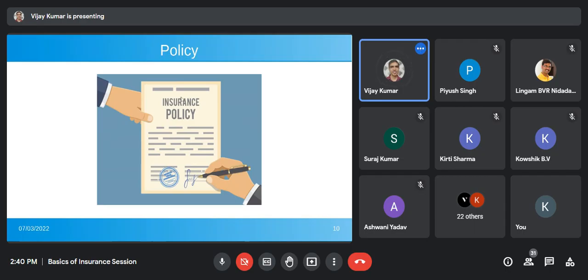Okay. And in an insurance policy, one more thing I wanted to highlight is that both the parties are signing here, right? From the customer side, the customer who is buying the policy will sign. From the insurance company side, the people known as underwriters will be signing the policy. Just know the term for now, and in future sessions I will mention who the underwriters are.